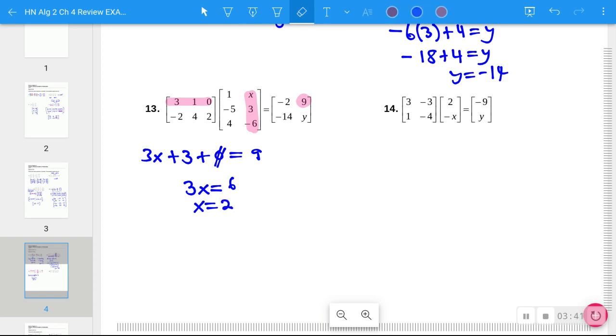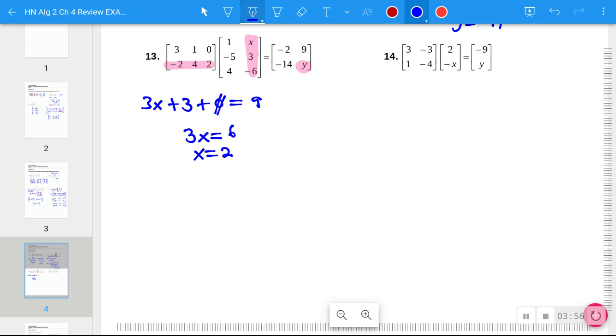Okay, so we have to shift to another pair to get the y, and you notice that the y is on the bottom row. So you have to use that row, and it's in the right-hand column, so you have to use that column. So that's going to set us up here. We're going to go negative 2 times x. Later we're going to stick this 2 in there.